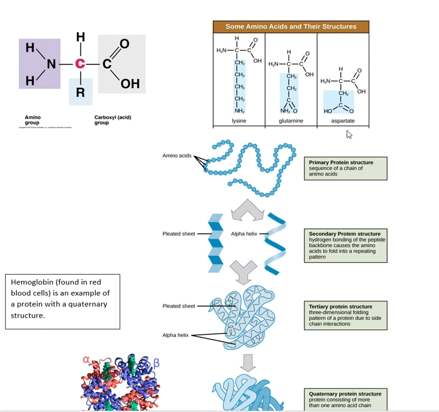And then we said when these amino acids are joined together, they'll produce different levels of protein structure: primary, secondary, tertiary, and in the case of some proteins, a quaternary structure. So I hope this video is helpful in understanding some basic aspects about amino acids and proteins.